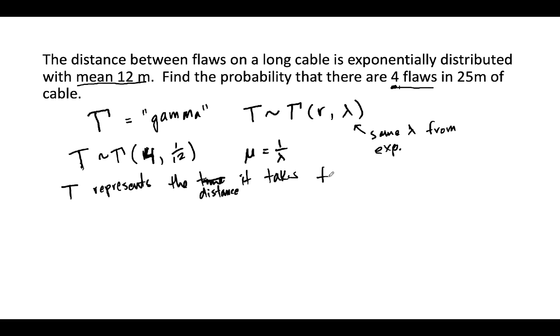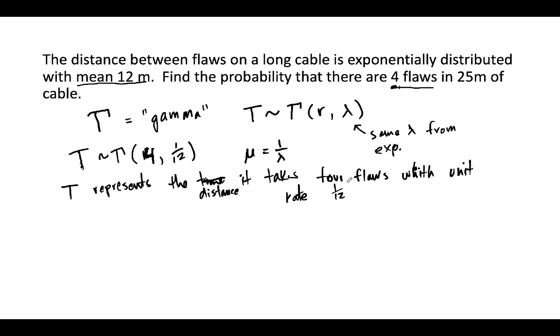It takes 4 flaws, with the unit rate 1/12. So there's 1/12 flaws per meter, you could say.